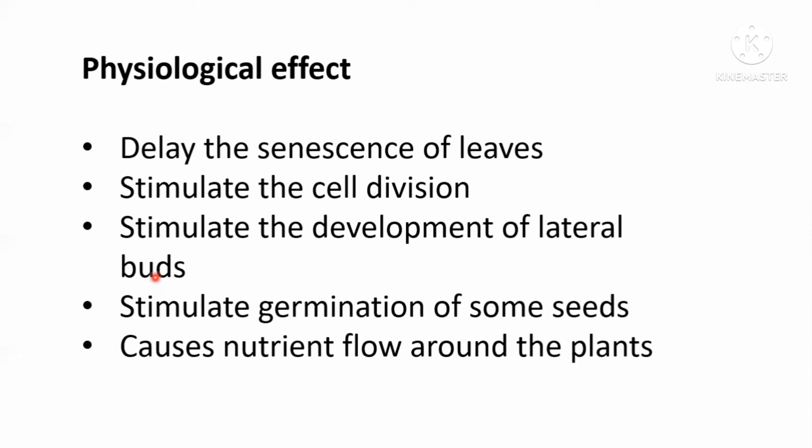The other thing is that it causes nutrient flow around the plant. What do we mean by this nutrient flow? The places where cytokinins are present have the ability of absorbing nutrients into that particular place. That is why growing fruits contain a higher amount of cytokinin, because growing fruits need nutrients, especially carbohydrates.